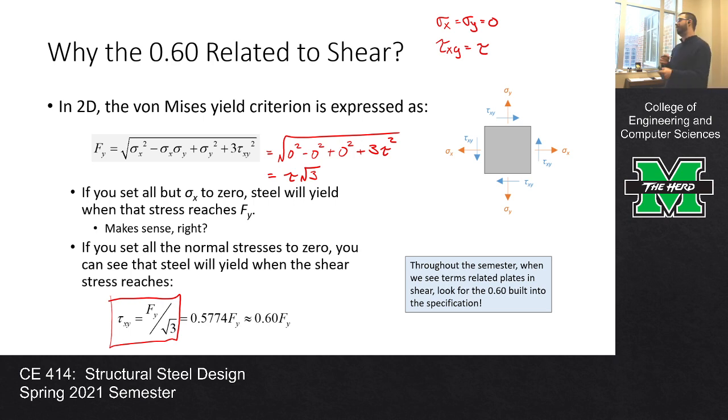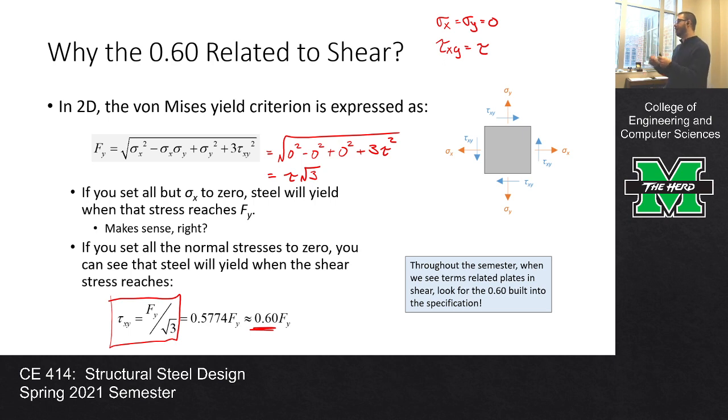Now, if you take 1 divided by the square root of 3 and plug it into your Casio or your TI or whatever, 1 over the square root of 3 is about 0.577, something like that. And so the steel industry says, oh, what the heck, let's just round that up to 0.6. Throughout this semester, we're going to see that 0.6 pop up quite a bit.